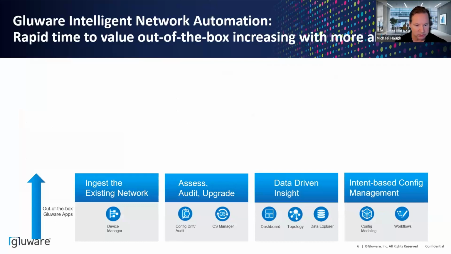So we're going to start with the so-called out-of-the-box apps that are, again, no code, low code. And so you're going to be kind of using these apps. There's no one set entry point because we have customers that the most important thing is doing a software upgrade or the most important thing is rolling out a config change. And so you can go right to that, but generally you're ingesting the network and then you're moving on to assessing and auditing and upgrading.